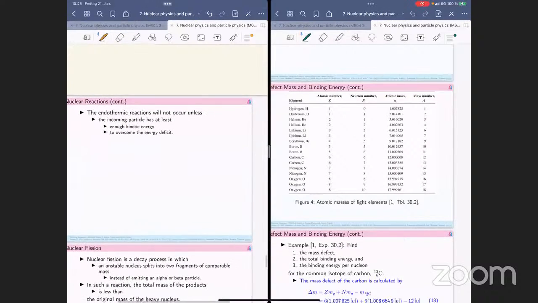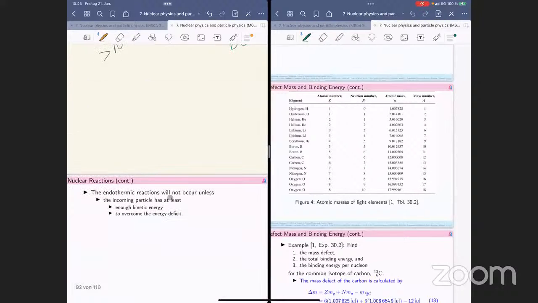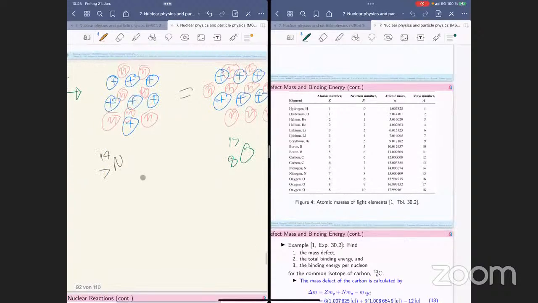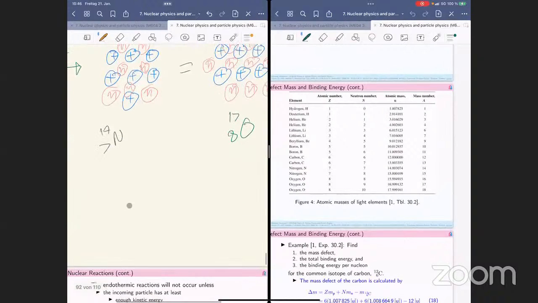And yeah, the process by Rutherford is endothermic. Endo means down, right? The negative value for the kinetic energy. An endothermic reaction will not occur unless you accelerate that particle with at least this value, so that they can have enough kinetic energy, and this kinetic energy will be absorbed to make the composition like this.